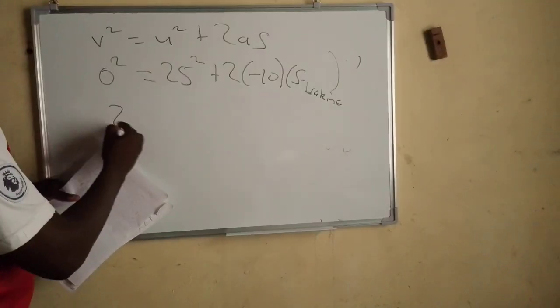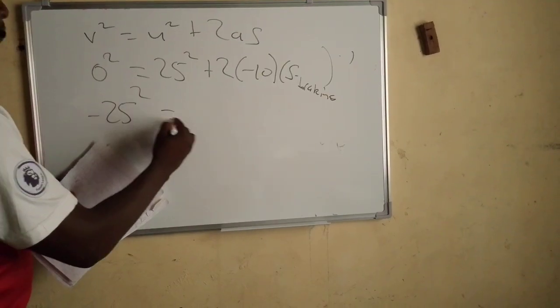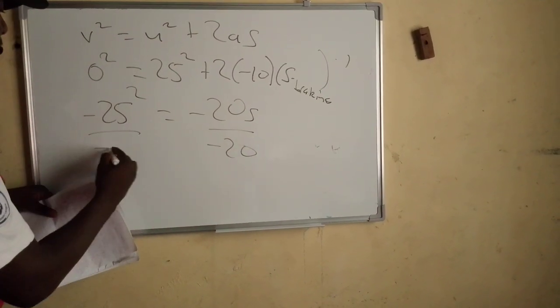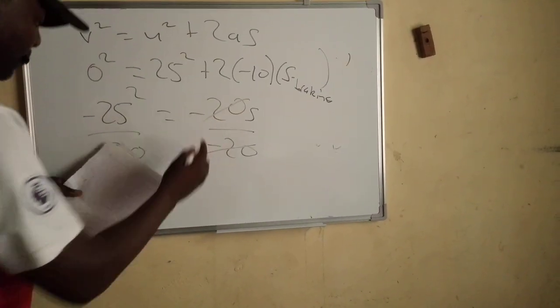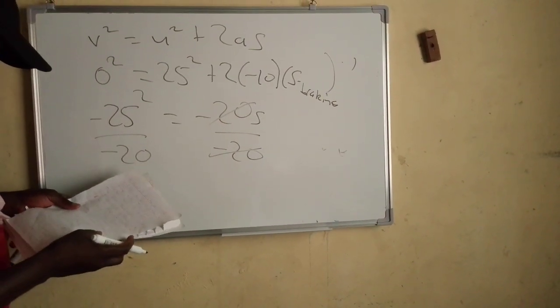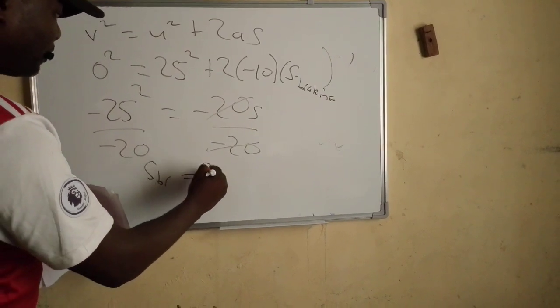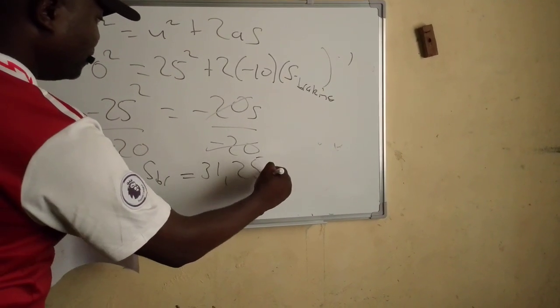So we'll have 0 minus 625 over minus 20. So the braking distance is going to be 31.25 meters.